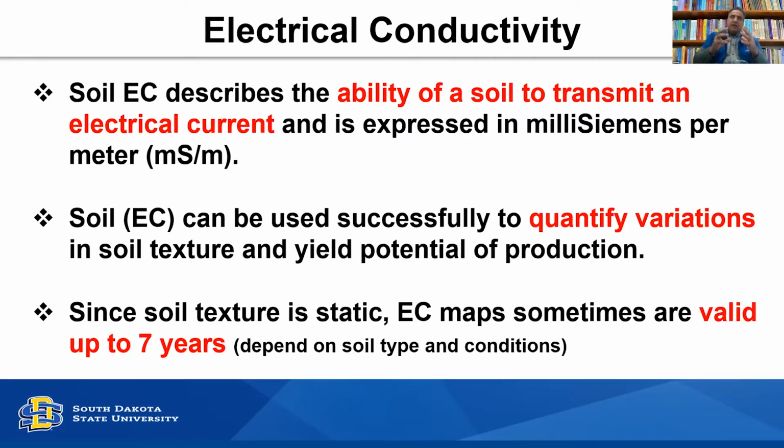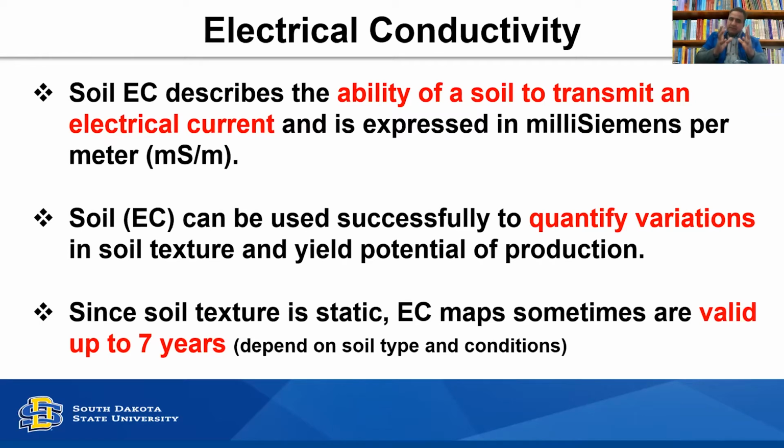The unit for electrical conductivity is millisiemens per meter. If you have closer particles and finer particles, they can take the electrons, and if you have higher electrolytes, they take more electrons and transmit them from point A to point B, which is described as electrical conductivity.